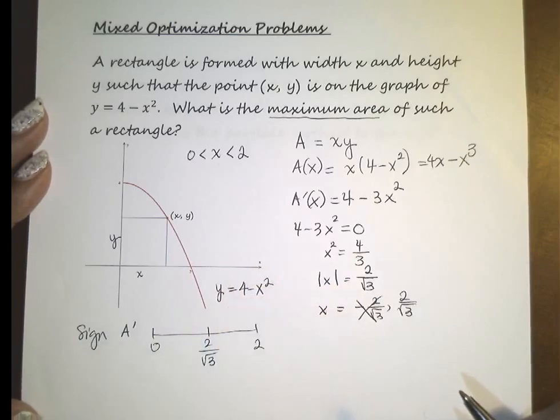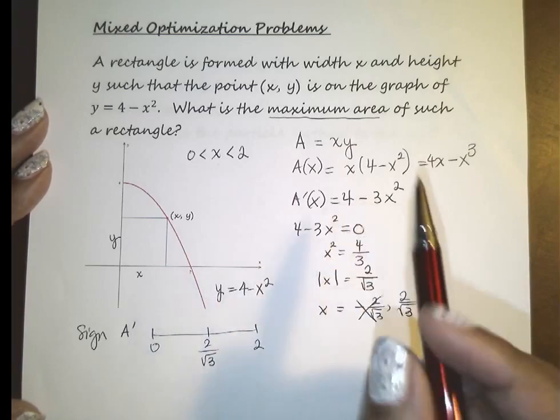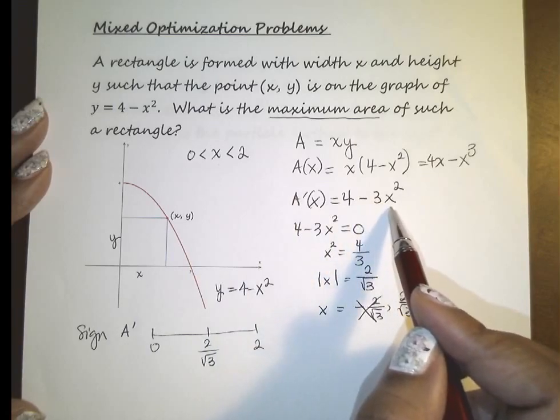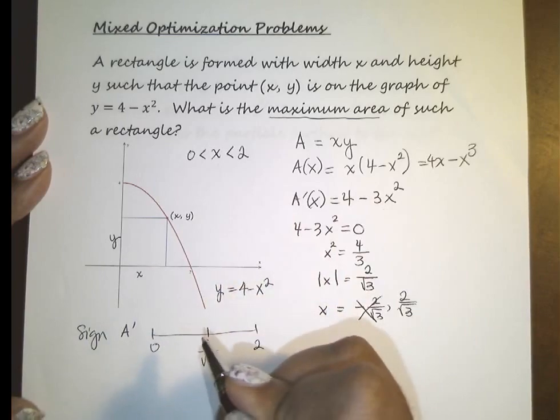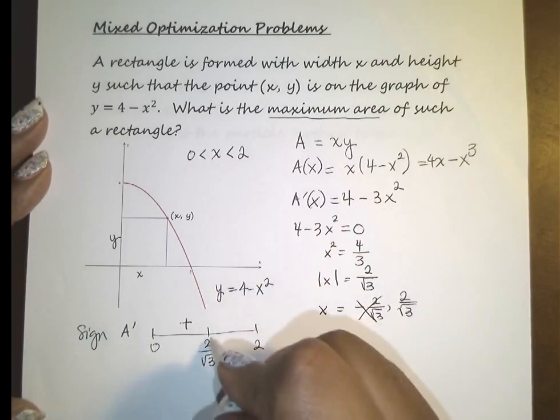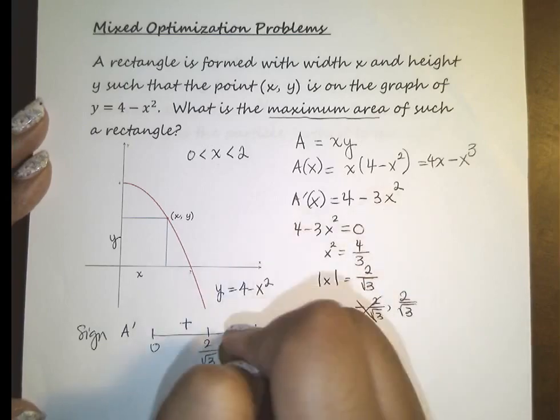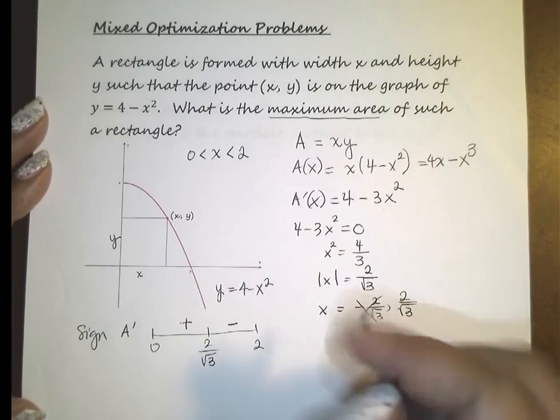It's a positive number and it's clearly smaller than 2. I'm going to think of this as a parabola that opens downward, this being the first derivative. Therefore between 0 and 2 over the square root of 3, I'm going to end up with positive values, and between 2 over the square root of 3 and 2, I'm going to end up with negative values.